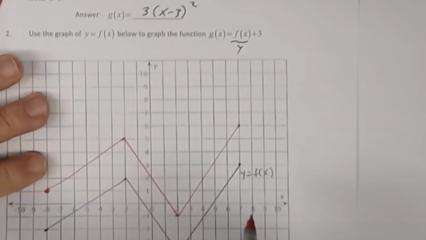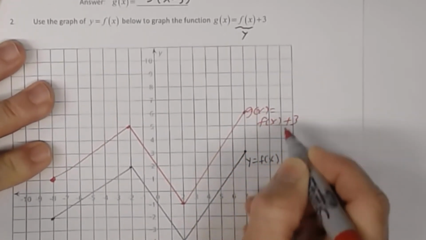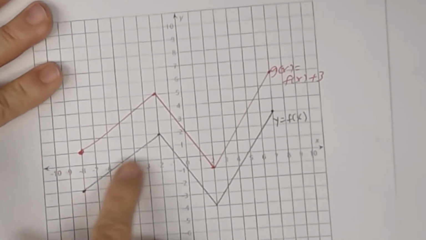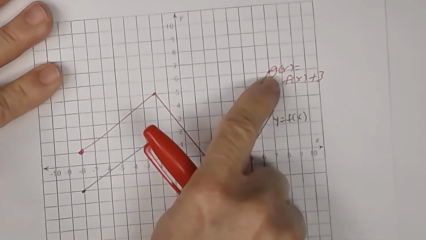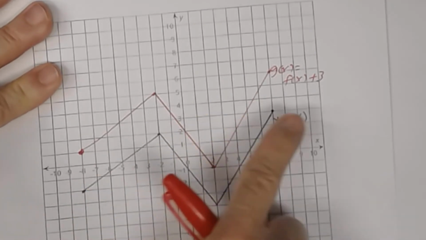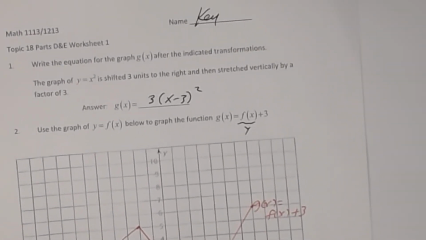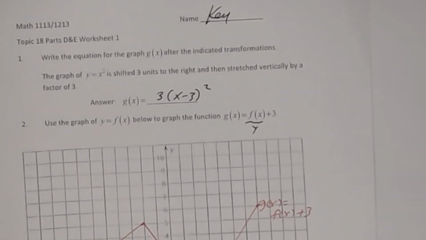This is g of x equals f of x plus 3. Remember, this says to graph g of x, I take f of x and shift it up 3 units because it says plus 3. All right, so that is the key to topic 18, parts D and E.